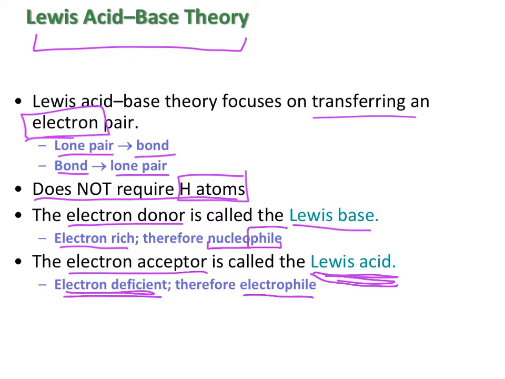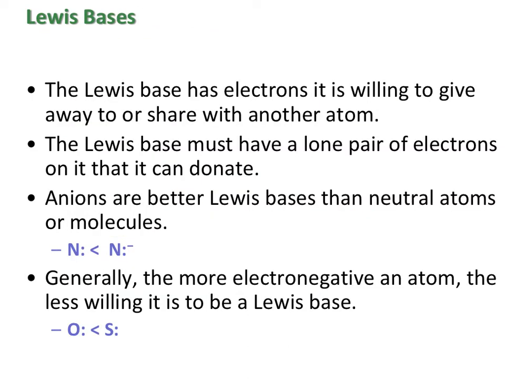If you don't know what this suffix means, phile means loving, so a nucleophile means that it wants or it loves nuclei. And for electrophile, it means that it wants electrons, right? Or it needs electrons.